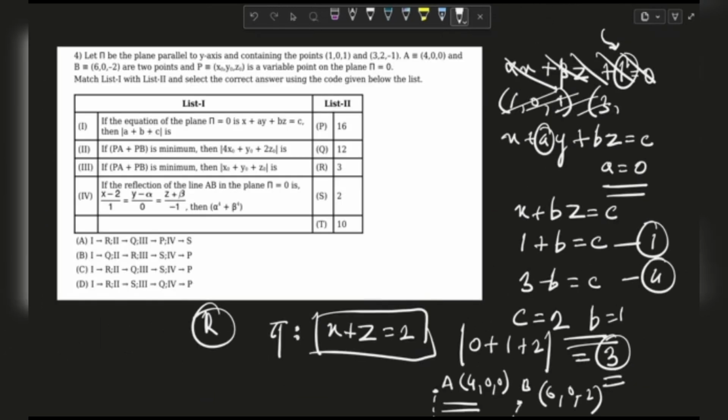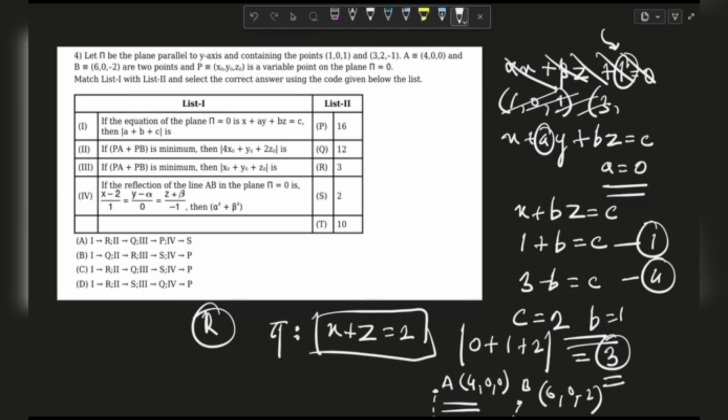Option D says that if the reflection of the line AB in the plane pi equal to 0 is (x minus 2) by 1 equal to (y minus alpha) by 0 equal to (z plus beta) by minus 1, then alpha to the power 4 plus beta to the power 4 we have to find. So basically reflection of the line AB in the plane pi equal to 0 is referring to reflection of any general point on the line AB in this plane.